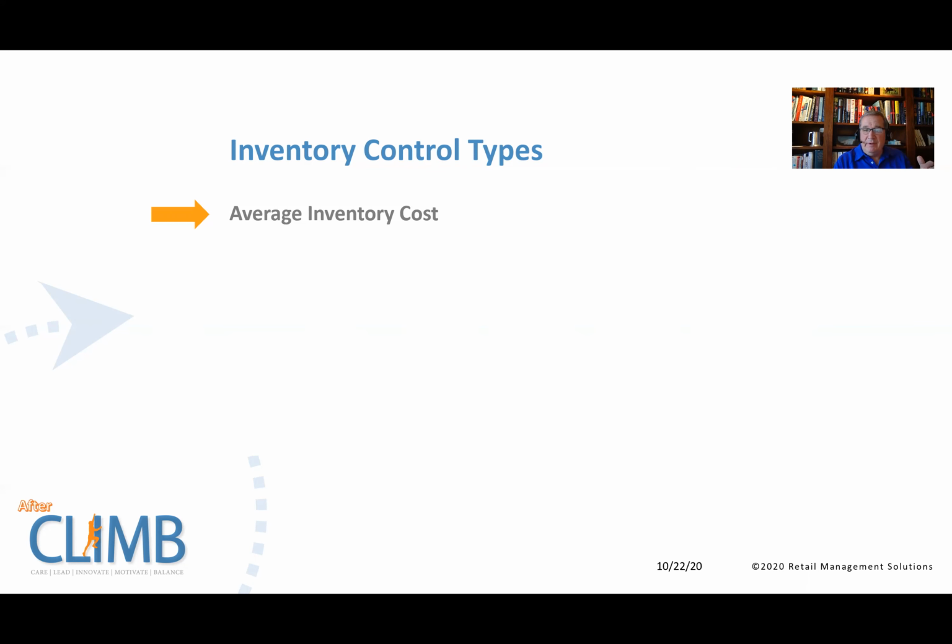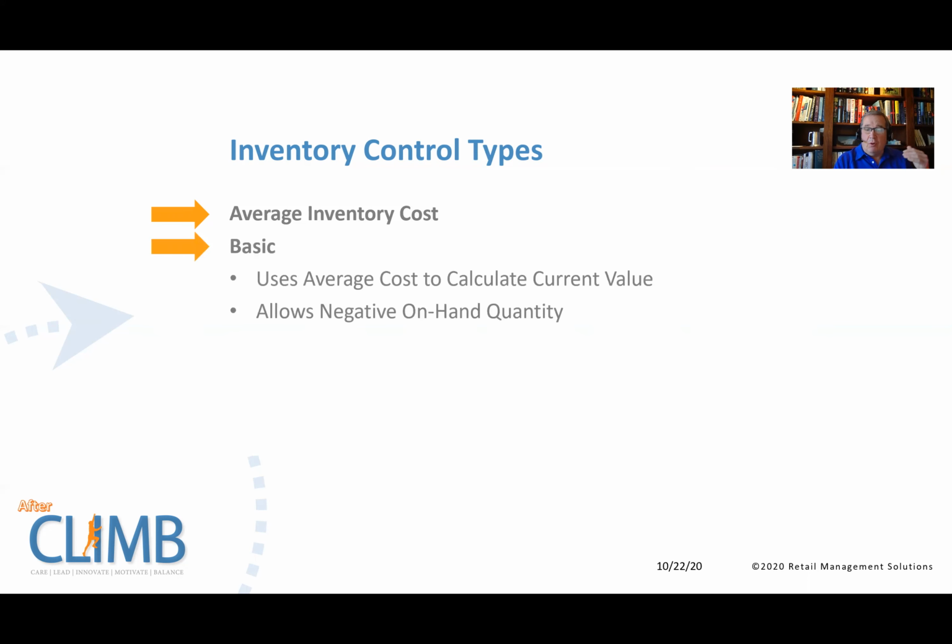Now that's important because the 2 types of inventory control, basic and advanced, give us more granular control over ensuring that those daily inventory values are accurate. Basic uses average costing to calculate the current value. That's one of its differences. It also allows inventories to go negative, the on-hand quantities at the item level.